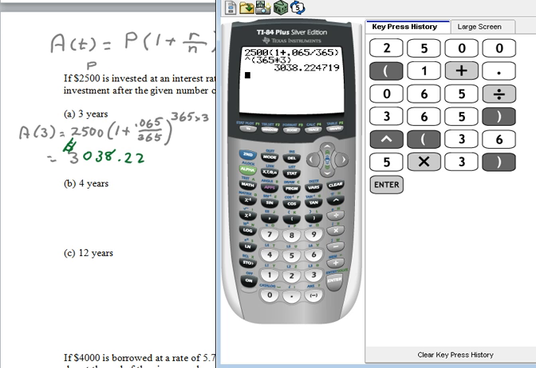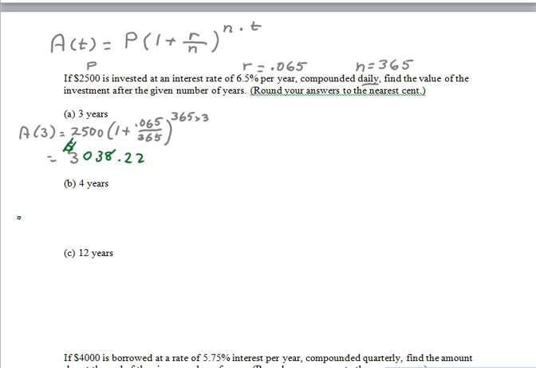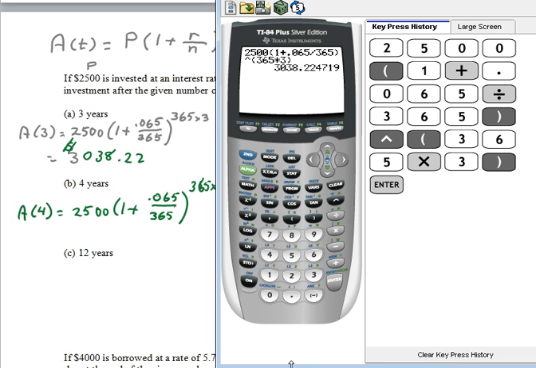All right, so for 4 years, we'd have the amount after 4 years, everything would be the same, except we'd have 365 times 4. So when we go to the graphing calculator, if you go second enter, it will bring the previous formula back.